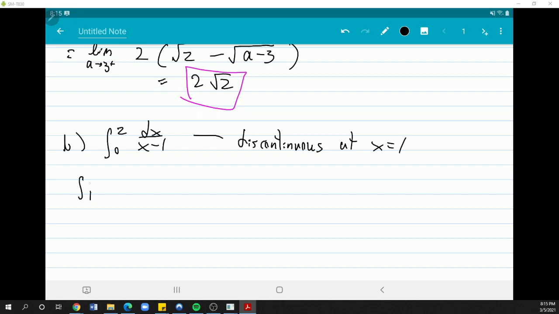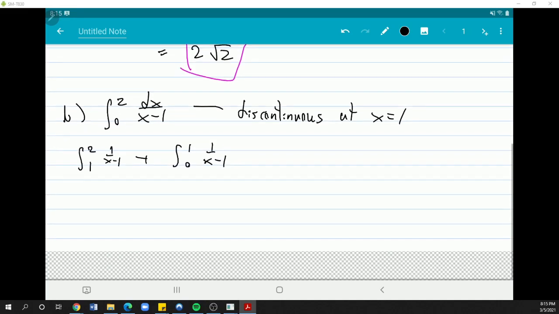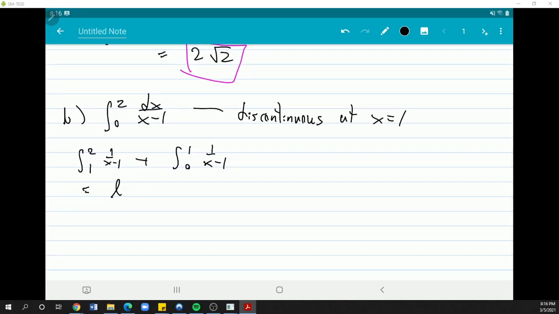So this is really the integral from 1 to 2 of 1 over x minus 1, plus the integral from 0 to 1 of 1 over x minus 1, equals log of absolute value x minus 1 evaluated from 1 to 2, plus log of absolute value x minus 1 evaluated from 0 to 1.